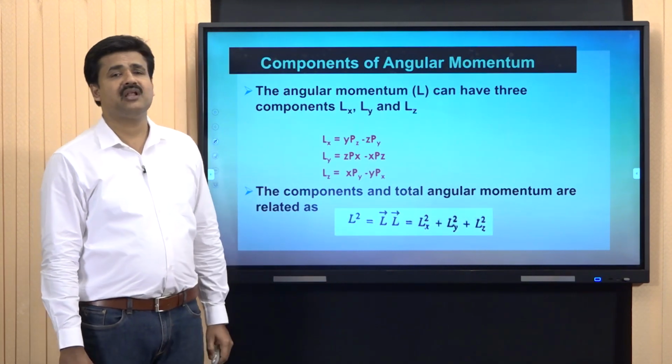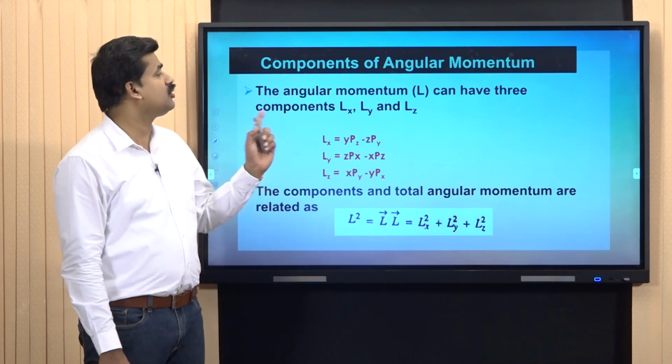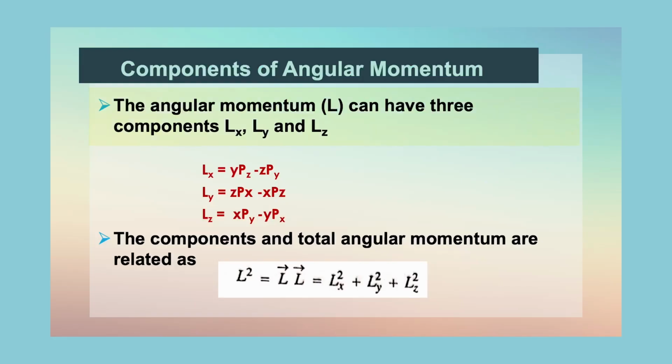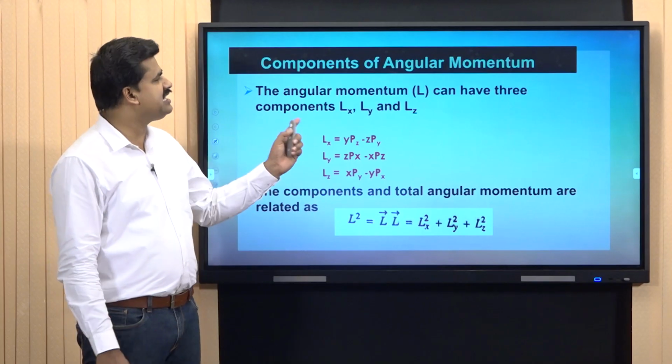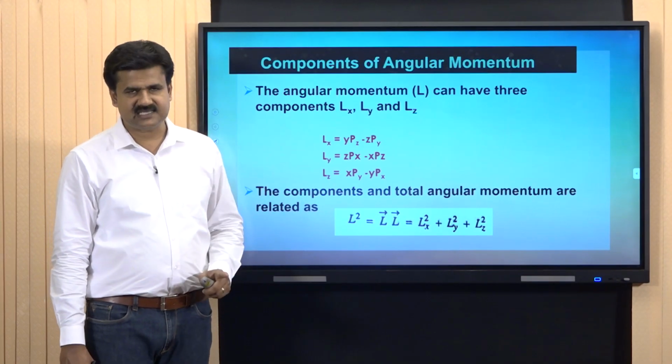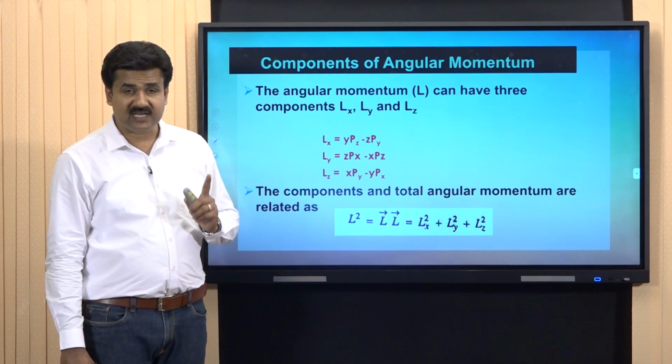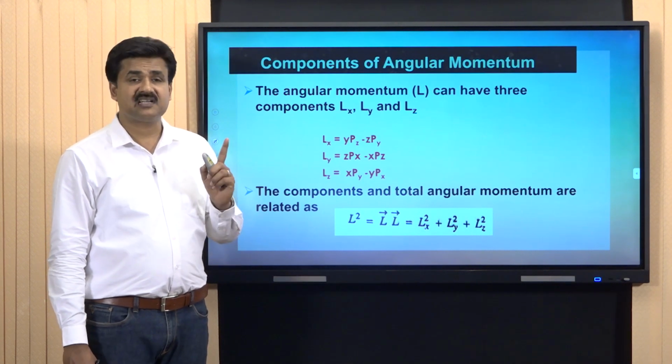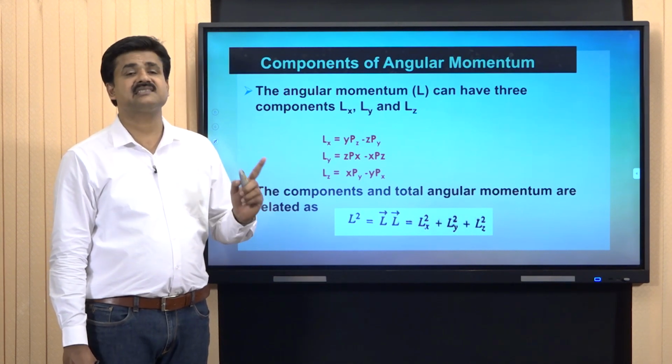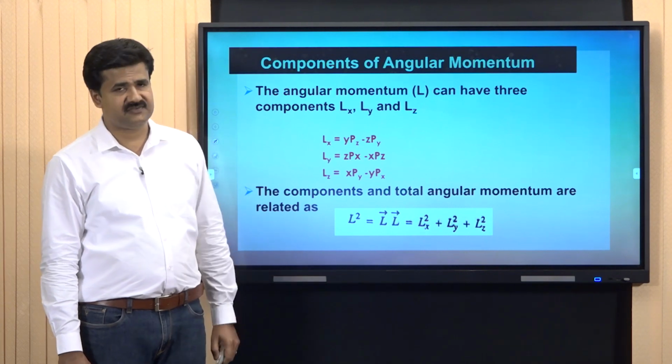Components of angular momentum. The angular momentum capital L can have three components, namely Lx, Ly and Lz. These three components represent angular momentum along the Cartesian axes x, y and z respectively.